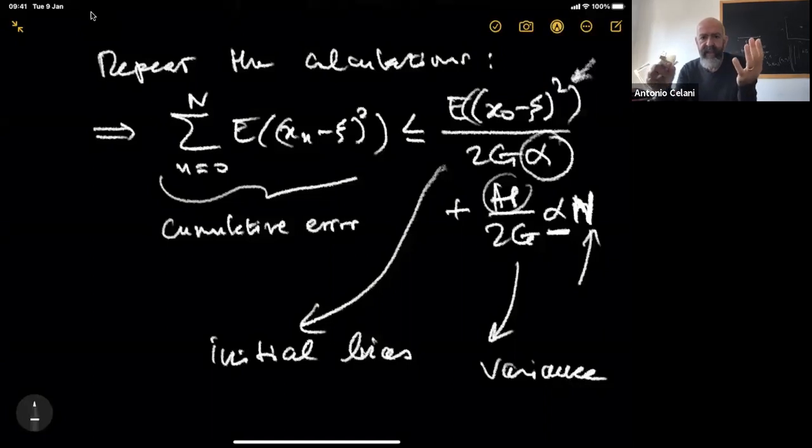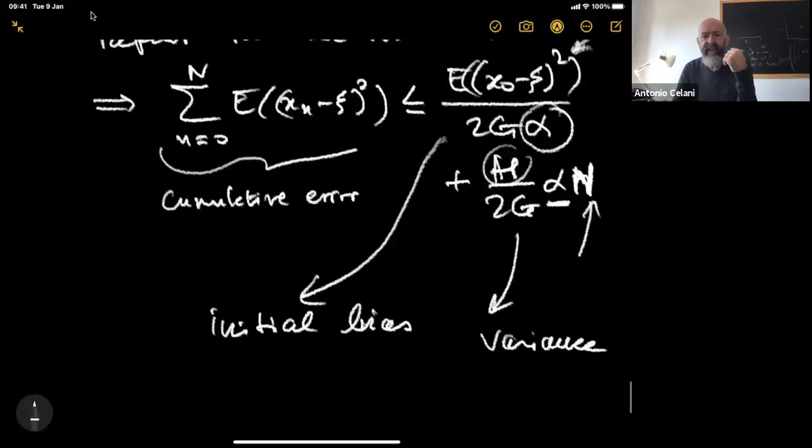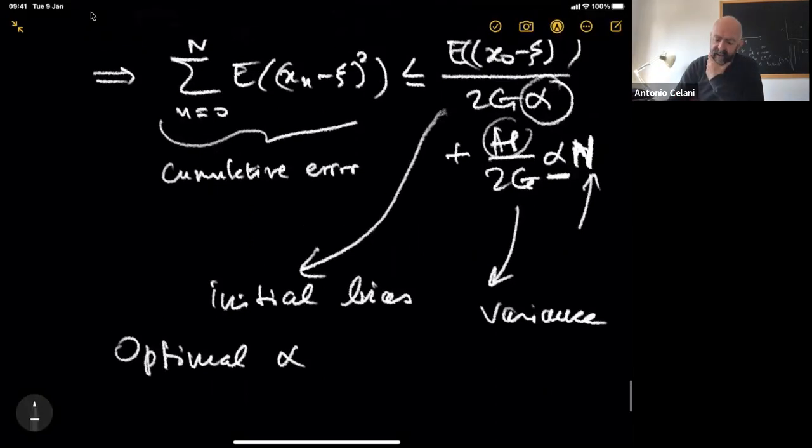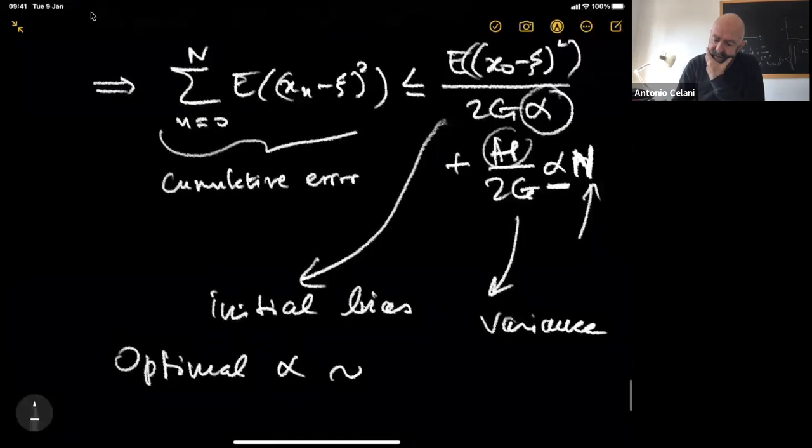And in this particular case, if you keep a fixed alpha, then you realize that there is an optimum choice for alpha. And this optimal alpha, I mean, you can derive it. I don't know if I have it here. I don't want to mess up, but you can derive it. The optimal alpha goes like, essentially, it's going to be n to the power 1/2.